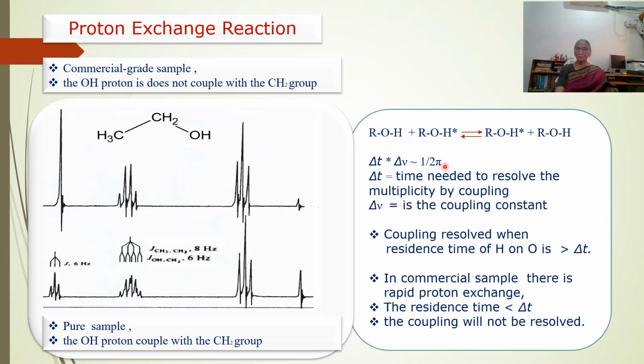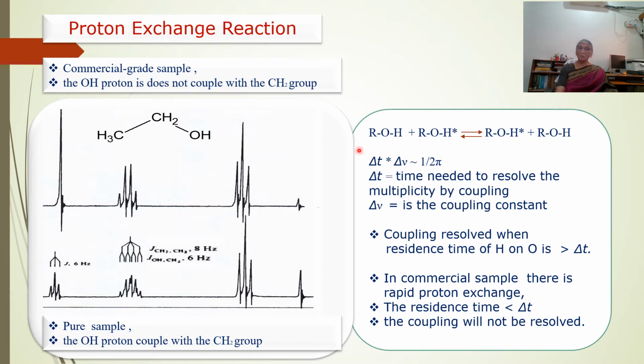It is a constant. And delta T is the residence time of the proton on any atom and delta nu is the coupling constant. So unless the residence time of the proton is more than delta T, it will not be able to couple with the neighboring proton.